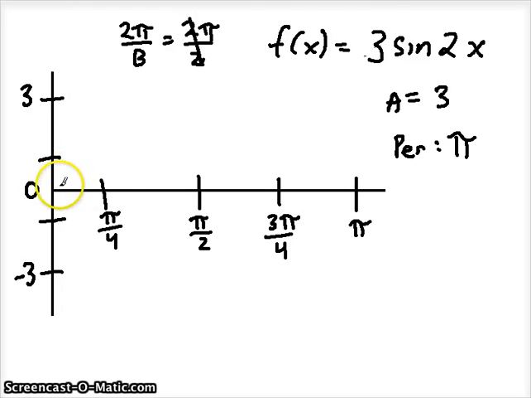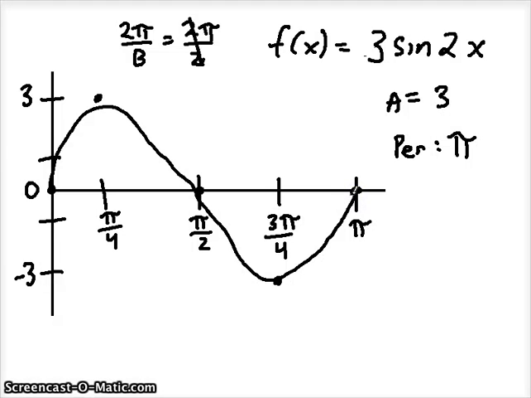And then I know that my pattern is always going to be 0, maximum, 0, minimum, and 0 or full period length. And there is approximately the shape of my graph. So it's really nice and easy once you get these little steps down. It makes graphing sine functions really quick and easy.